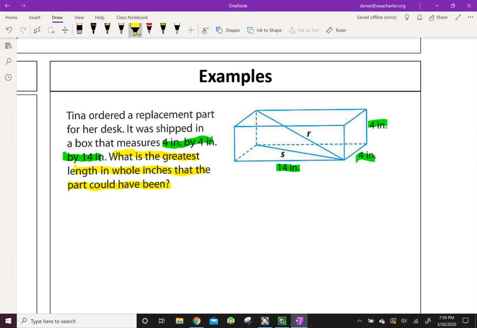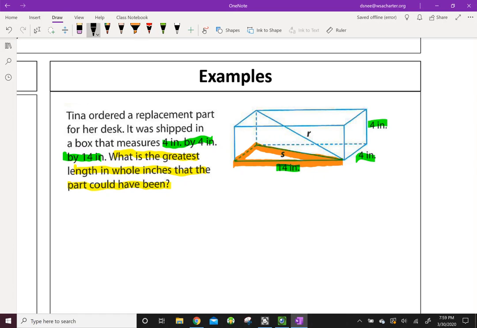Okay. So my first triangle, let's see, try and highlight this here for you. My first triangle down here is flat across the bottom of this box. It's a diagonal across the bottom and the two outer edges.